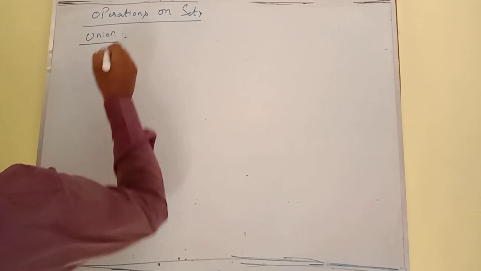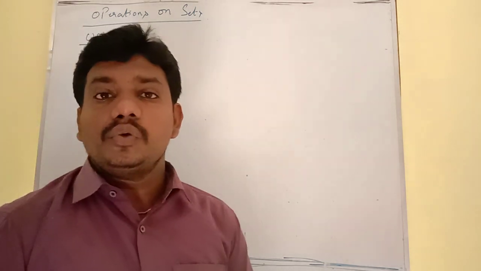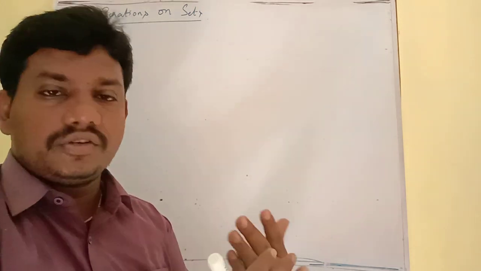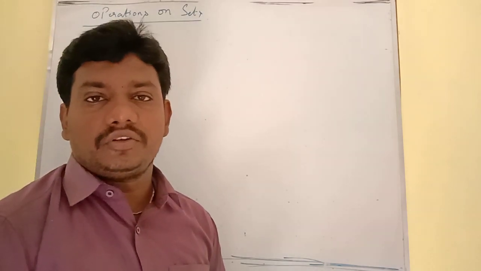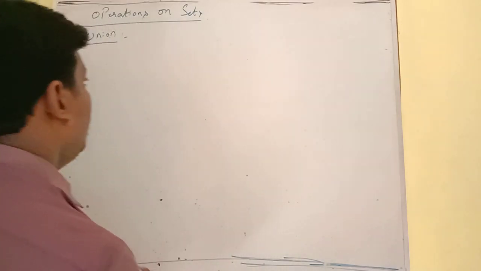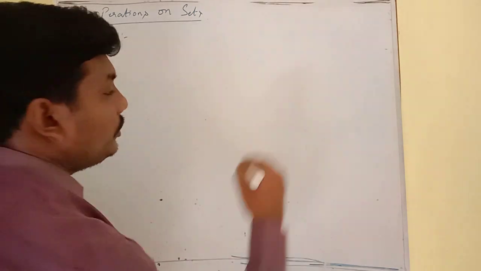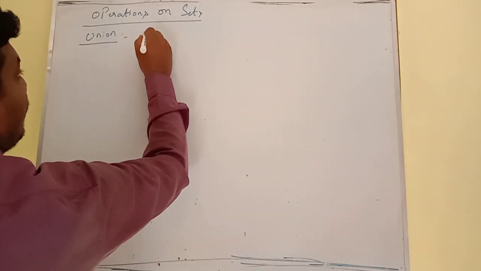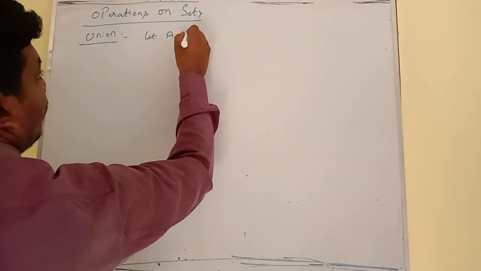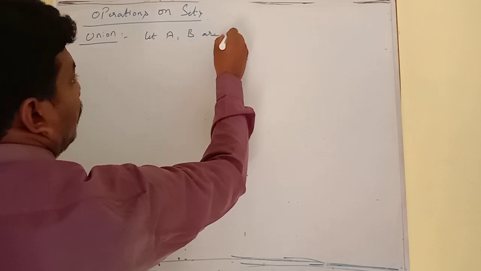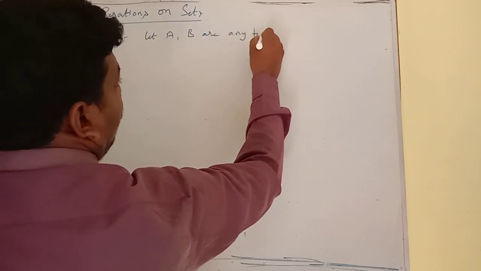What is the meaning of union? Union is nothing but combination of elements. Let us consider A, B are any two non-empty sets.